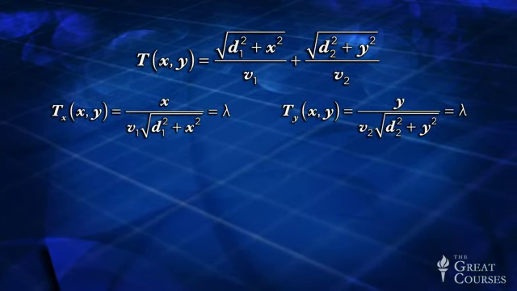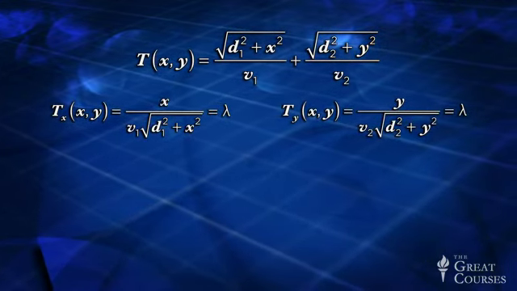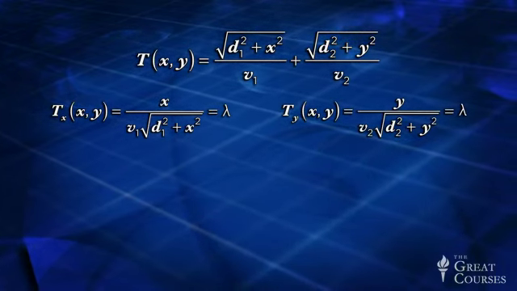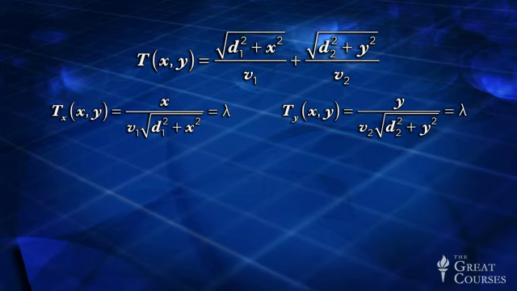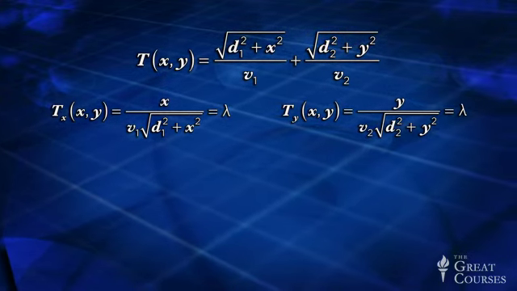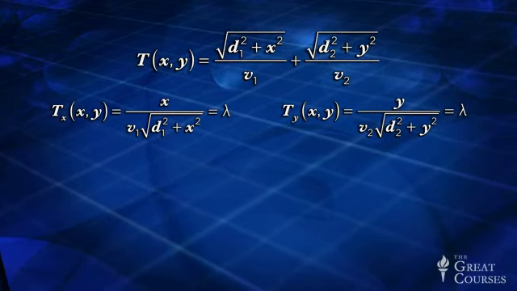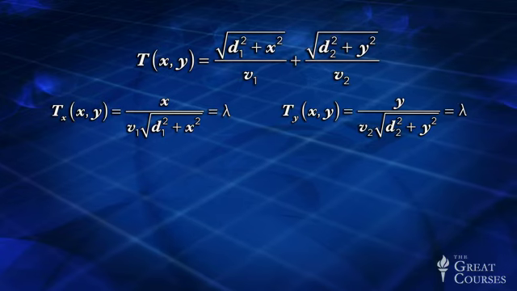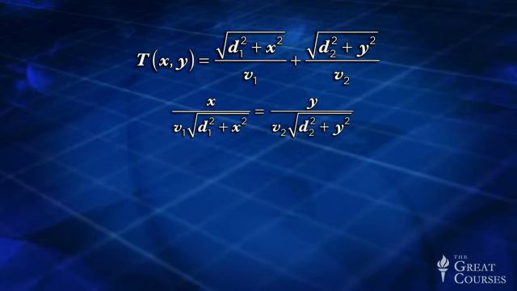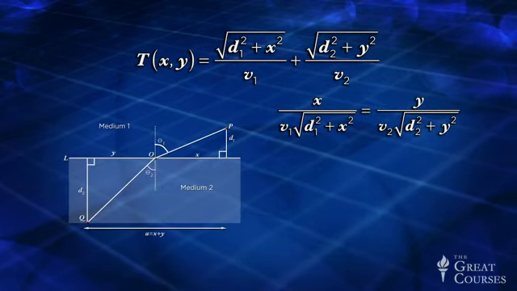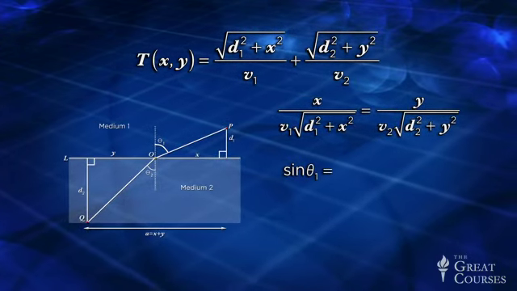Well, some magic occurs here. Let's look at this equation: x over v1 times the square root of d1 squared plus x squared equals y over v2 times the square root of d2 squared plus y squared. Those are both equal to lambda, so they're equal to each other. Well, look back at the figure. What is sine of theta 1?